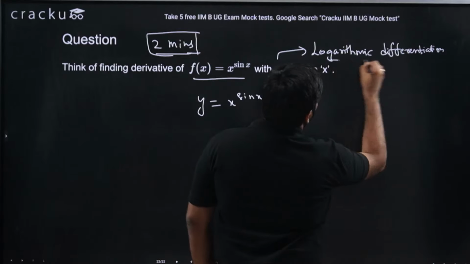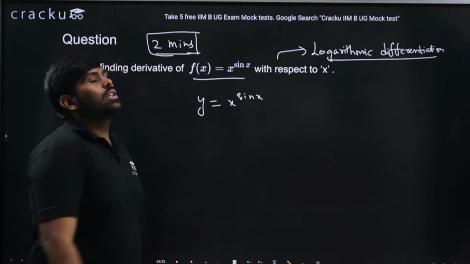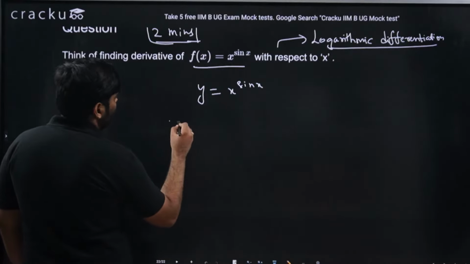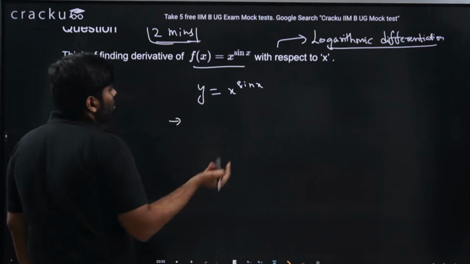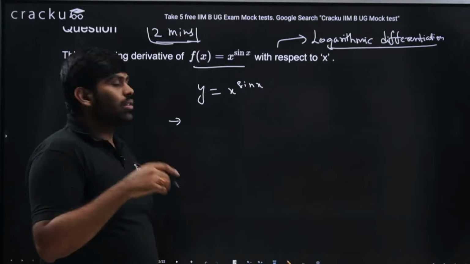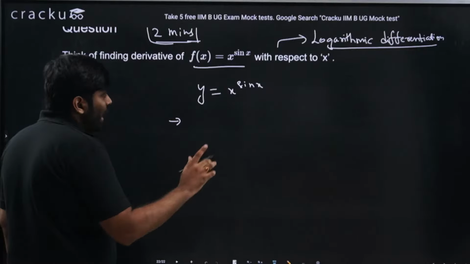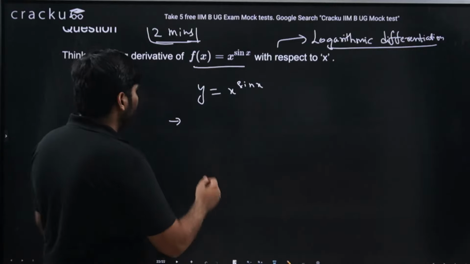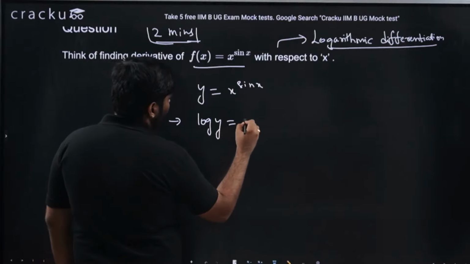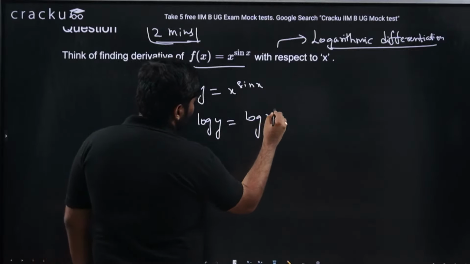Logarithmic differentiation. What is this term meant to be? When you see something of this sort, first what we do is we apply logarithm on both the sides. Instead of assuming sin x as t or anything, we directly apply logarithm on both sides. So we get log of y is equal to log of x power sin x.